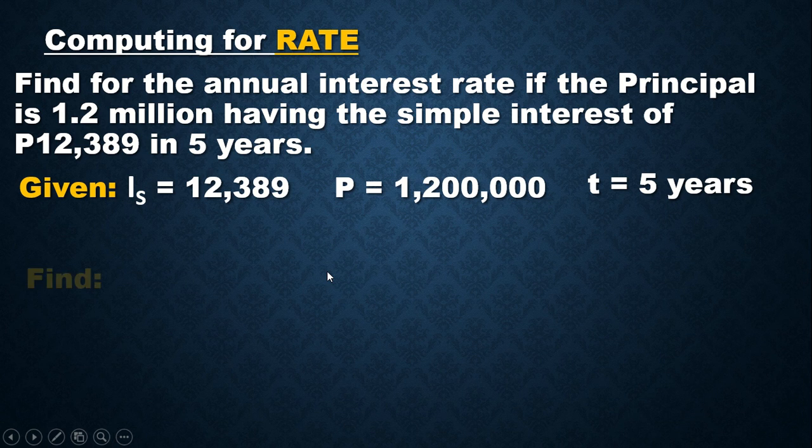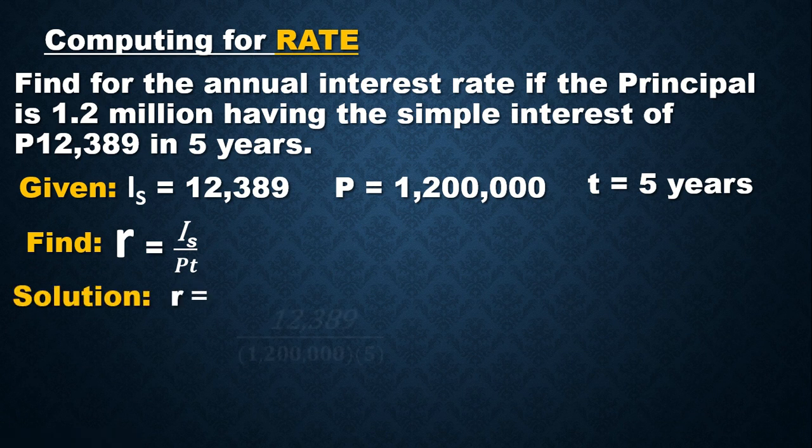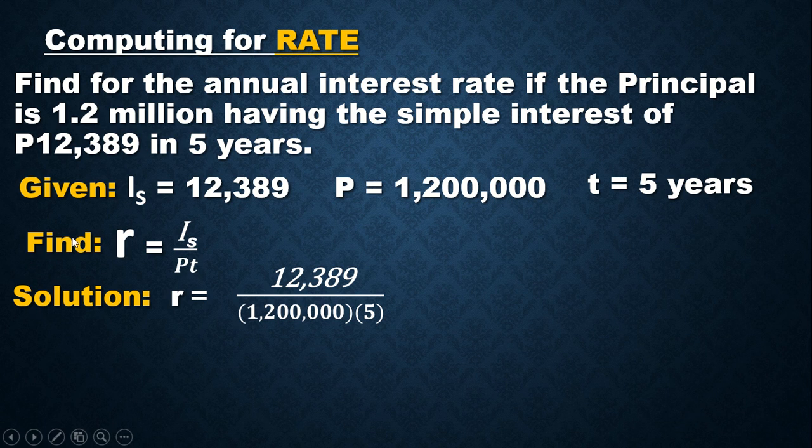Let's compute. So rate is equal to the simple interest divided by the principal times the term or time. So sinubstitute po natin ito, naging 12,389 divided by, sinubstitute natin ang principal, that is 1.2 million. Sinubstitute natin ang term or time, that is 5 years.